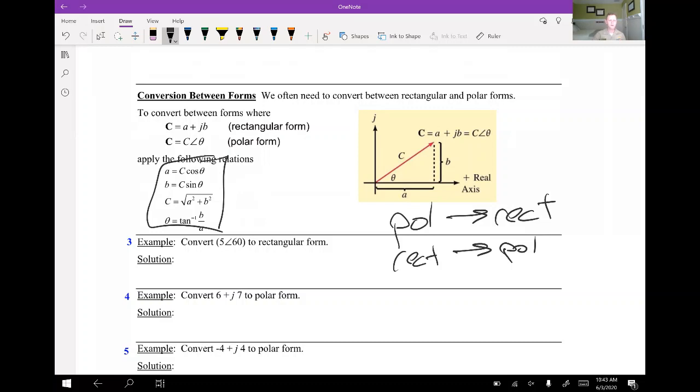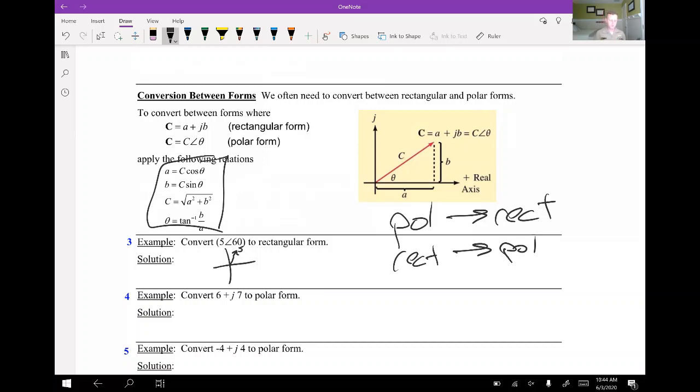converting, here we have the 5 angle 60. If I wanted to sketch that, here's 60, and there's 5 of it is its length. There's angle 60. If I do it on my calculator, the way I would type it is I do 5. You can find the angle under the same thing, second complex, and it gives you the angle.